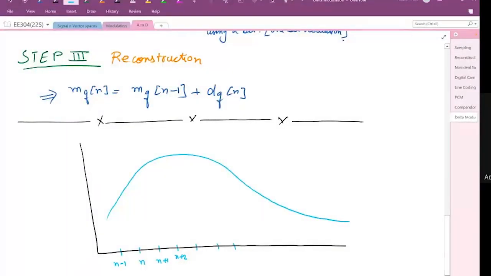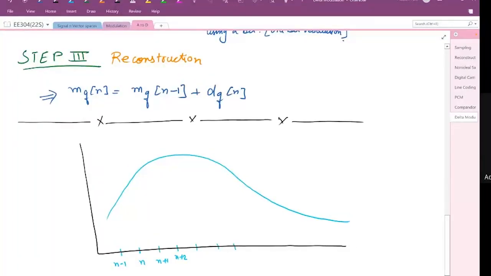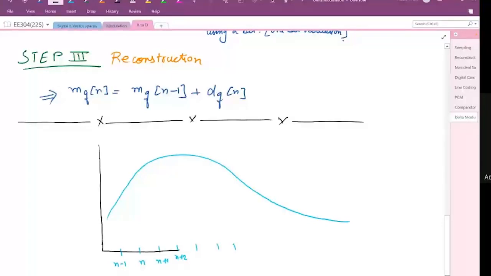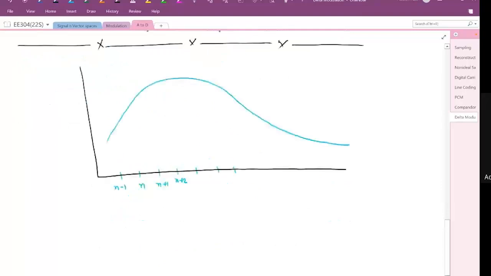And we have to assume a step size delta. Let it be like this only.